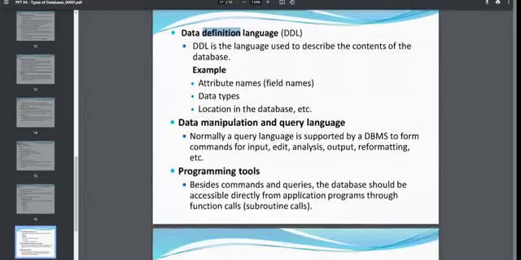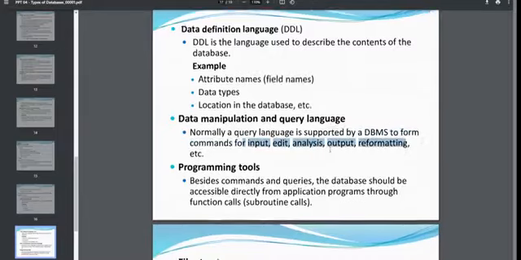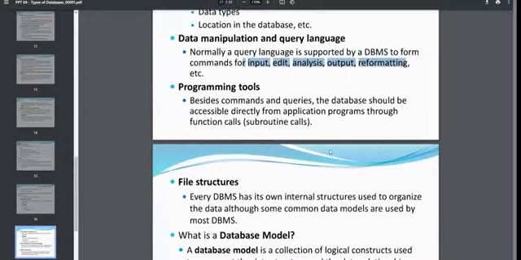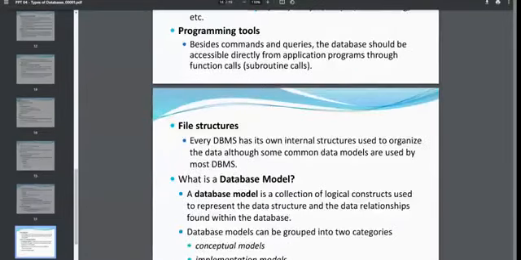Data manipulation and query language. Now you know what manipulation is, and what a query is. Manipulation can be performed in different ways, and according to the queries you will have different outputs. Programming tools: commands and queries. Then there are functions. You will learn about these later.